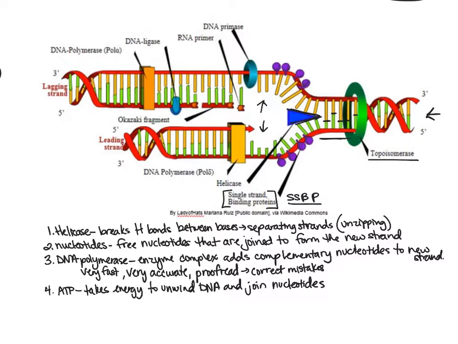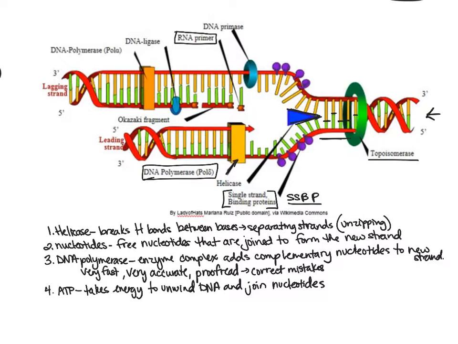So now we have 2 strands that are held apart and now are available. Then we have our DNA polymerase enzyme, this yellow box here. It's going to come in and start adding nucleotides. Now it doesn't actually add them directly. When we start with DNA replication, we actually have to start with an RNA primer.